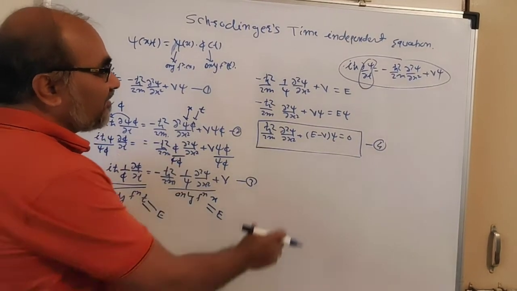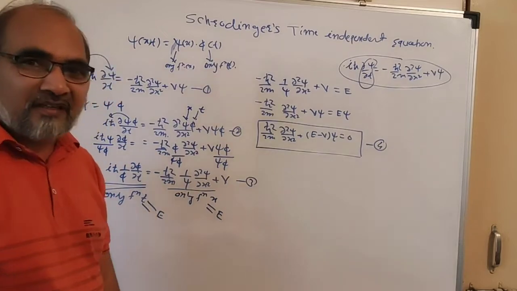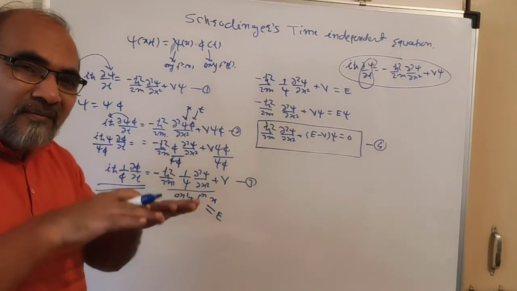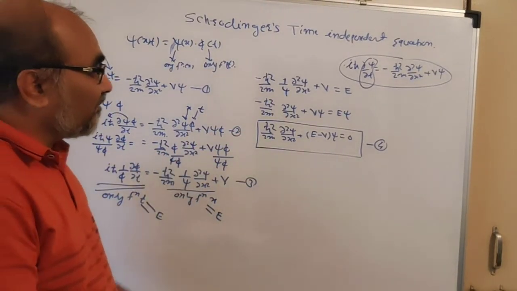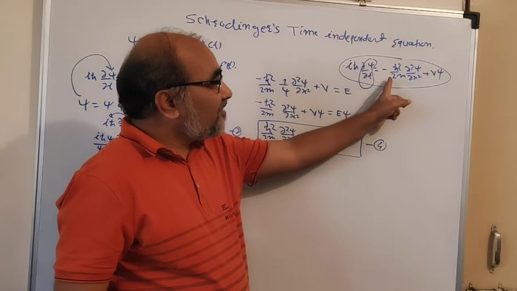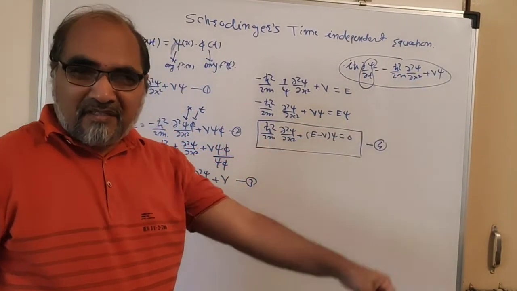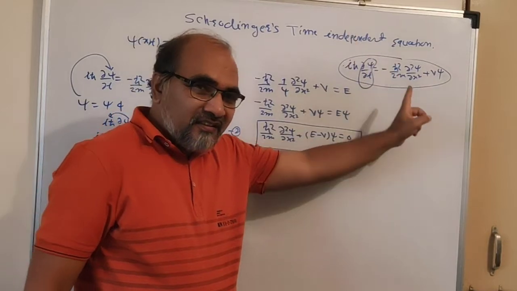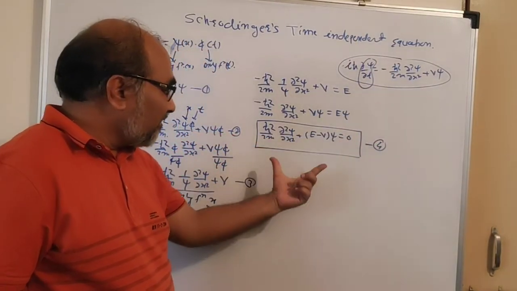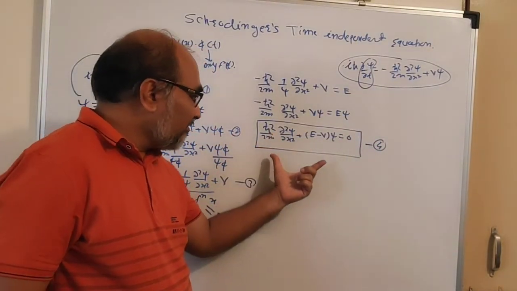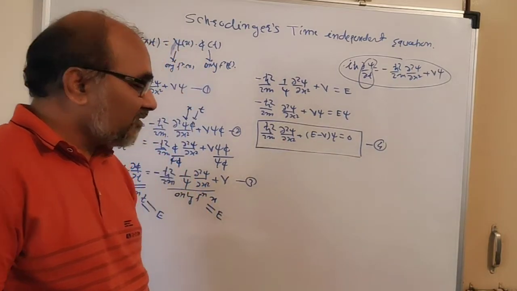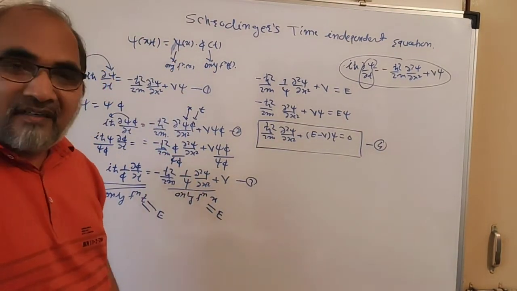It does not contain the time parameter. In this way we eliminated the time parameter from Schrodinger's time dependent equation, and derived the Schrodinger's time independent equation.